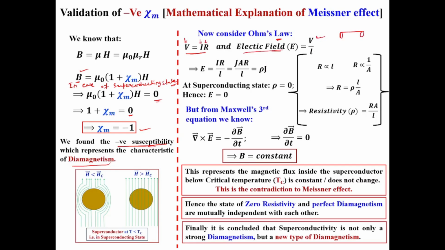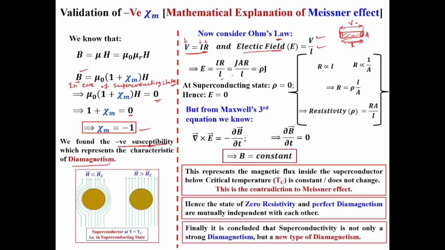Suppose this is the conductor, and at the two ends the potential difference is V, and this is the length, suppose L. So the electric field induced inside this conductor is equal to the potential difference by the length, V by L, right? Suppose the conductor length is L and the area is A. That implies E can be written as, instead of V, IR by L.